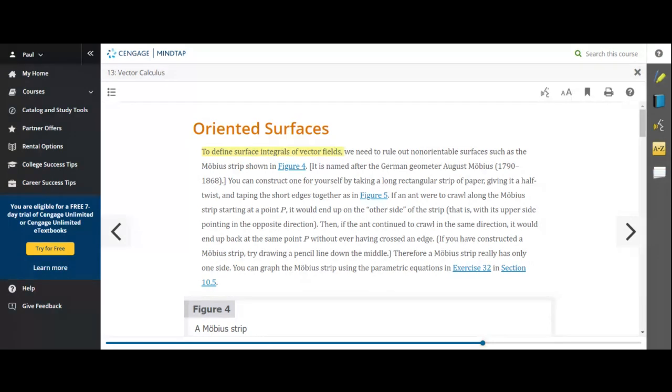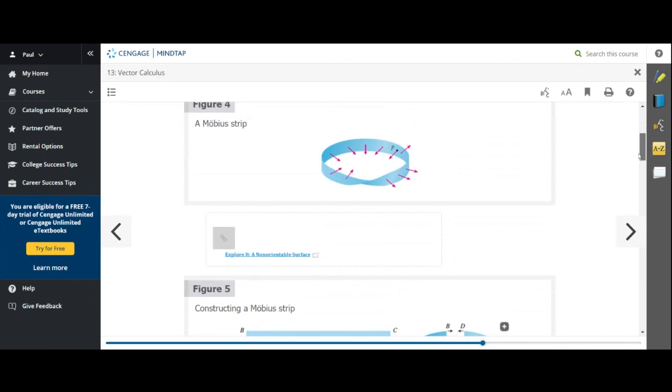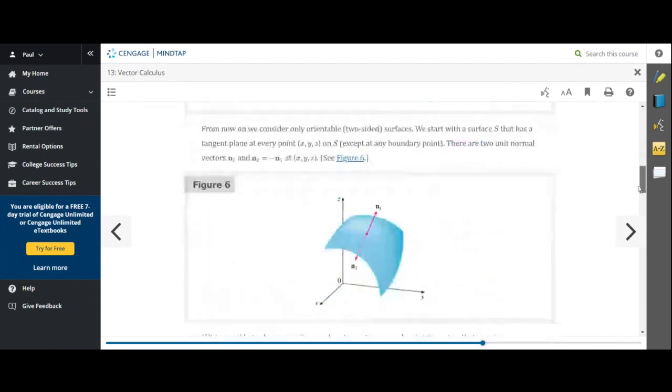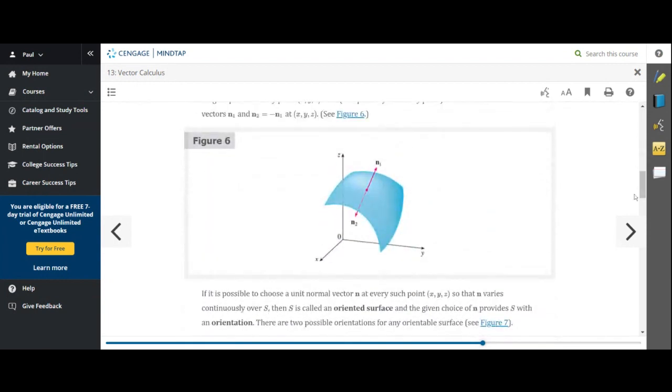All right, so orientation of a surface. Here's a surface in figure 6, and you have two possible orientations of the surface.